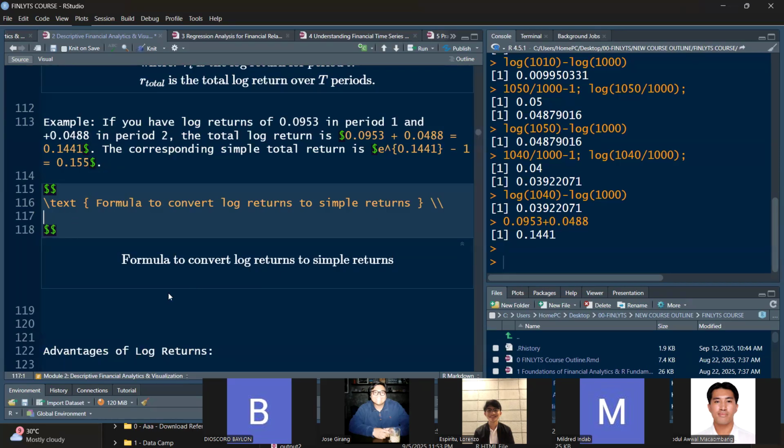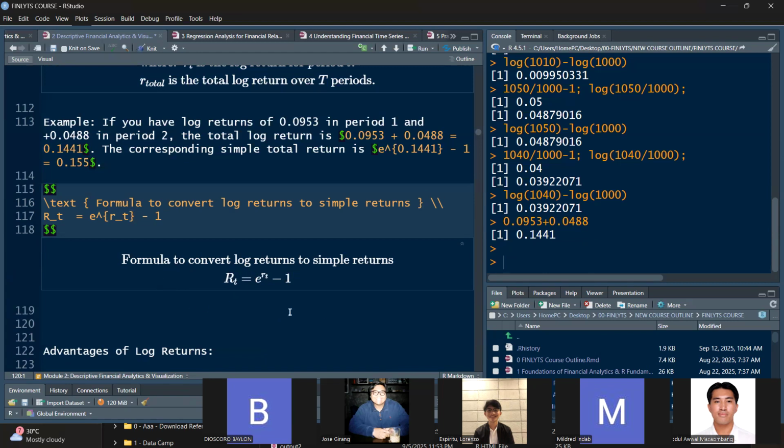To convert, we have R sub T is equal to e to the r sub T, minus 1. There you go.